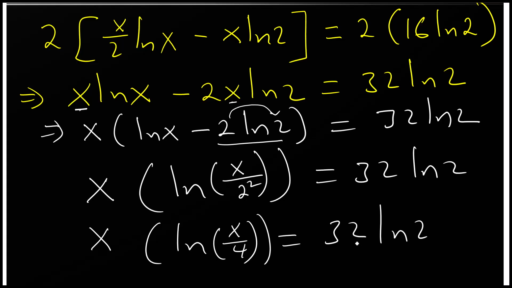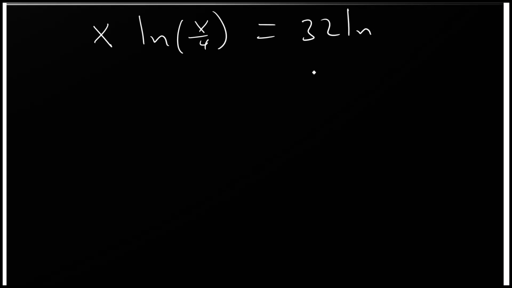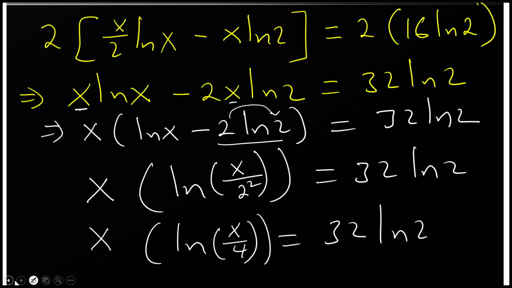Okay. Now, let's observe something here. x ln of x on 4 equals 32 ln of 2.